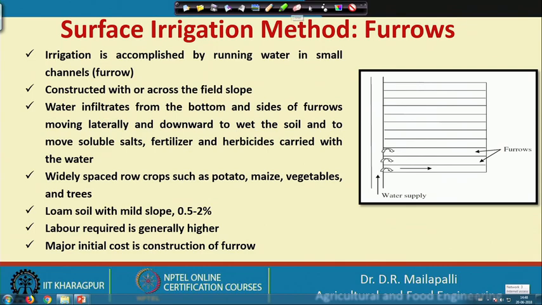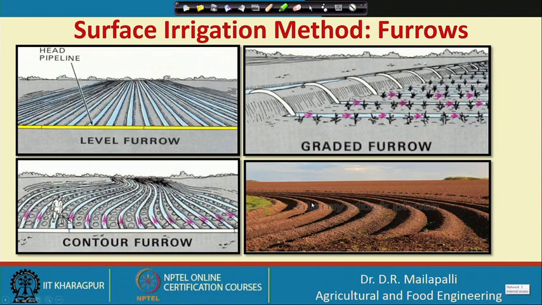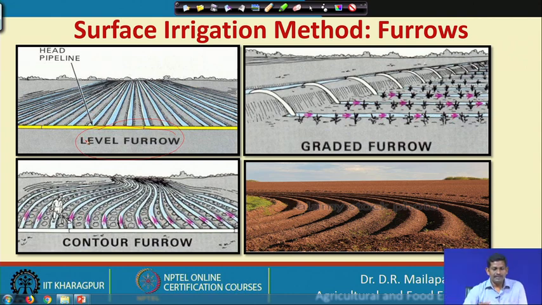And then the next is the types of furrows. There are level furrows, where we expect zero or very mild slope, almost level. Then graded furrows, where you expect a slope in the field, so the furrows will have some slope.